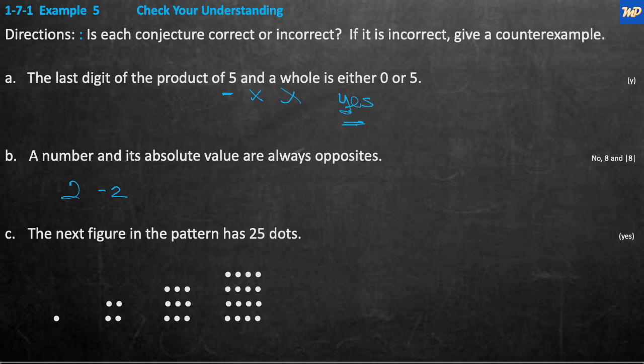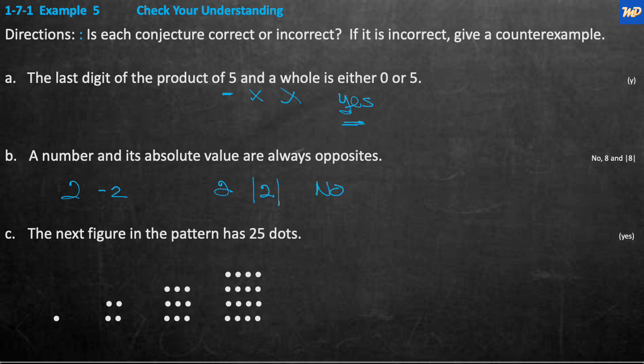But if I were to choose 2 and the absolute value of 2, I get the same answer. So it's the number and its absolute value. Well, here's the number. I picked 2. They're not opposites. 2 and the absolute value of 2 is not an opposite. There's no negative in here anywhere. So the answer here is no.